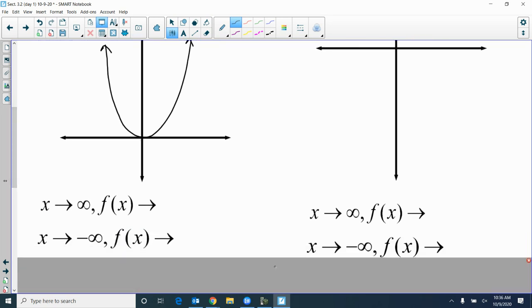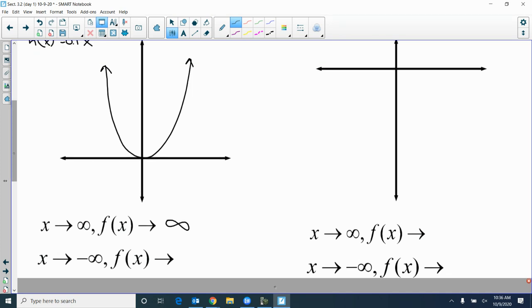All right, how do we describe that in terms of end behavior? As x goes to infinity, where does f of x approach? So as you plug in numbers to the right, what's happening to the answers? They're going where? Are they getting bigger or smaller? They're getting bigger. So as x goes to infinity, f of x is going to infinity.